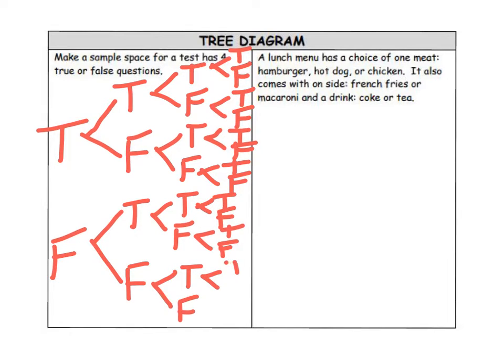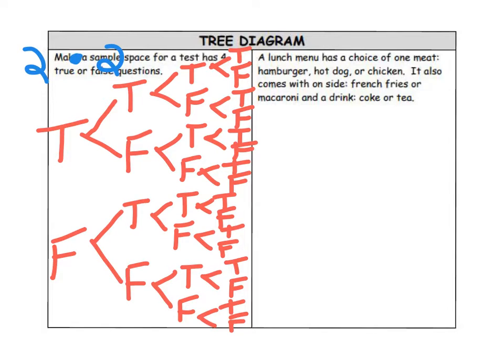So if you think about it, how many possible outcomes are there for the first question? Two, right? True or false. How about the second question? Two.